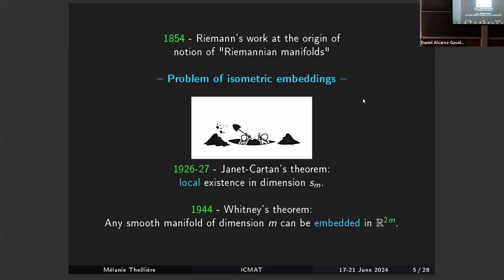If we have an overview of what happened: Riemann introduced the idea at the origin of Riemannian manifolds in 1854. Then there is the problem of isometric embedding: following his idea, when is it possible to build such surfaces? We have the first result in 1926-27 from Janet and Cartan, which is only a local result.